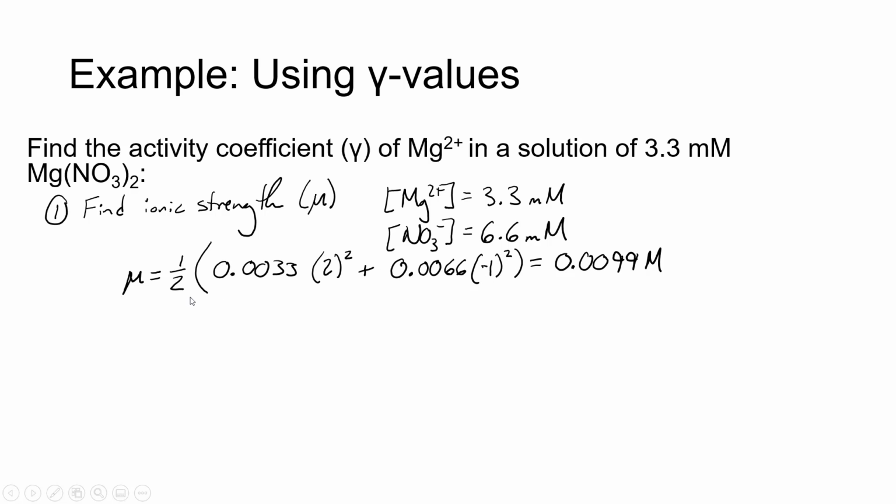We sum that, multiply by 1/2, and we find that the ionic strength of the solution is 0.0099 molar. That is so close to a value that we have tabulated, but it's not exactly. So from here, having established the ionic strength, there are 2 ways that you can get a reasonable value of the activity coefficient for magnesium 2+ in this solution, and we're going to look at both of them.